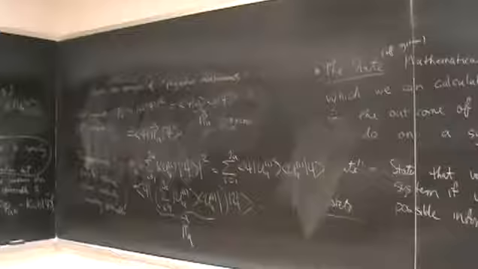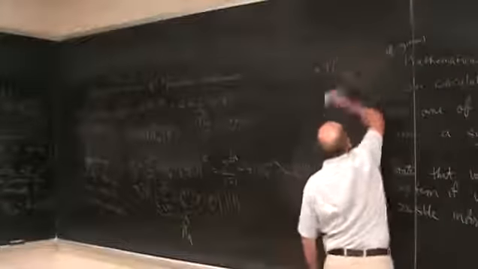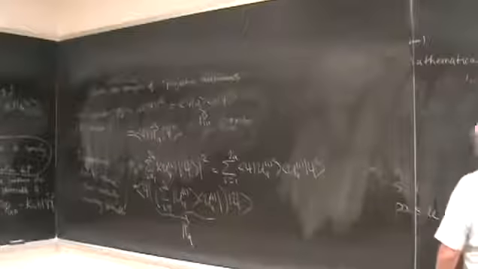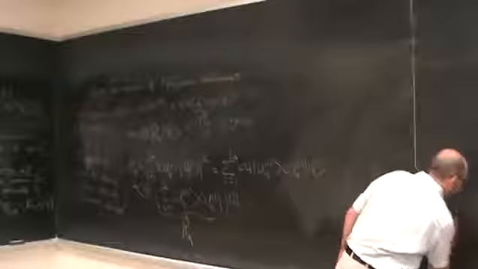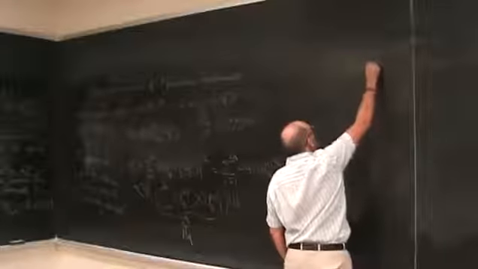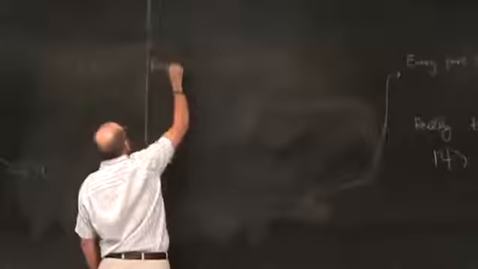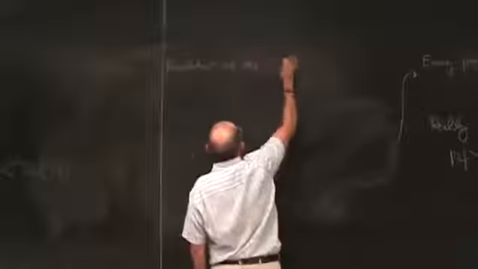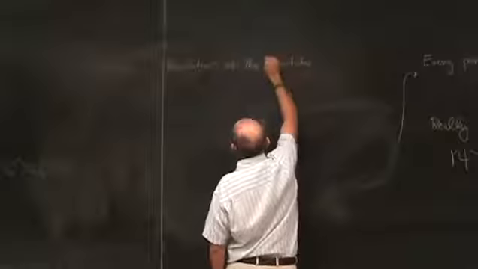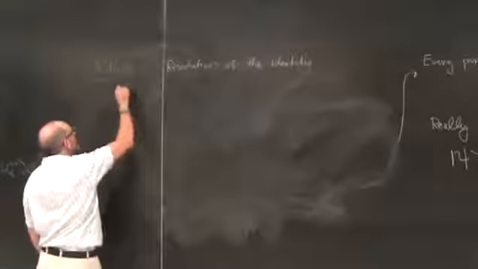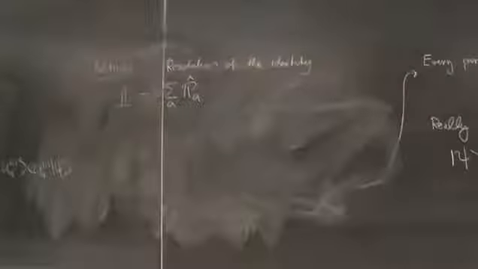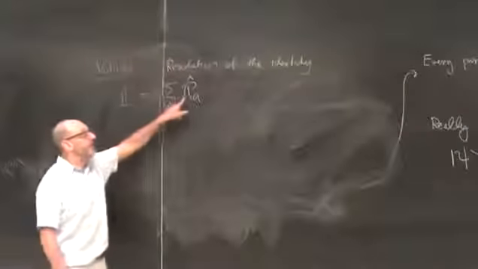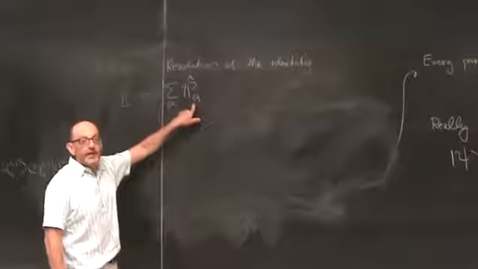Okay? Notice, because we have a resolution of the identity, that is to say, for any observable A, we can resolve the identity in terms of projections onto all the spaces associated with the different eigenvalues, right?